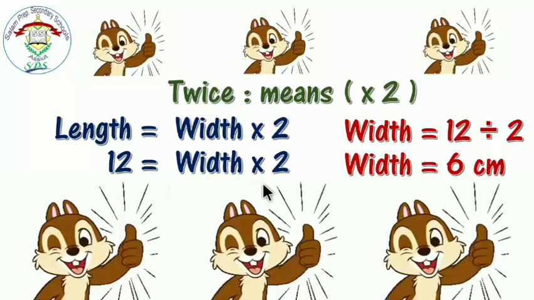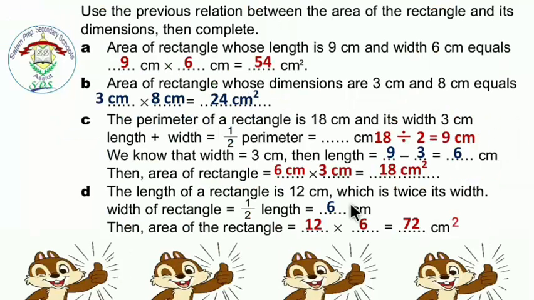This times will inverse to divided by. So width equals 12 divided by 2 equals 6 centimeters. The width of the rectangle equals half the length, equals 6 centimeters.